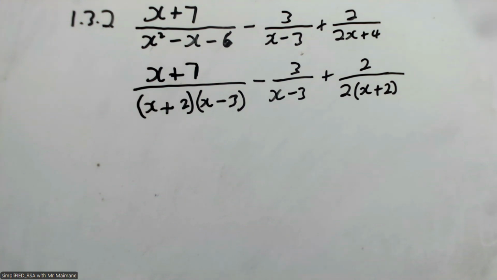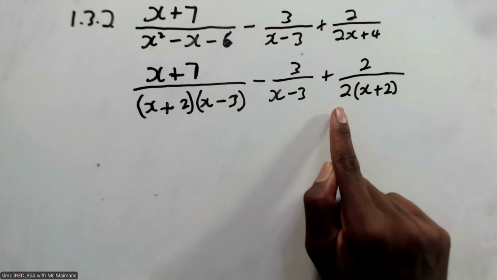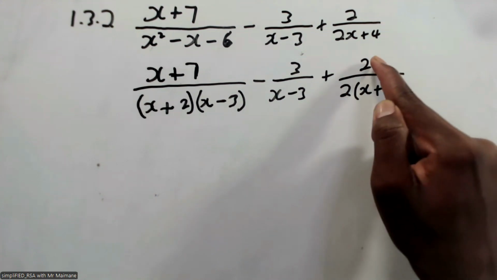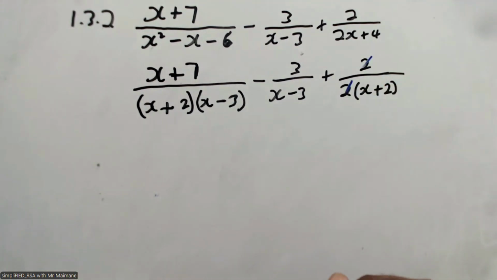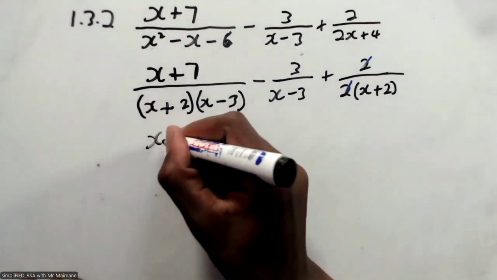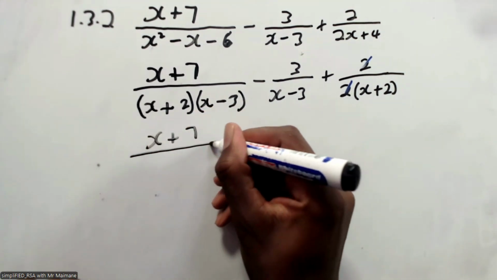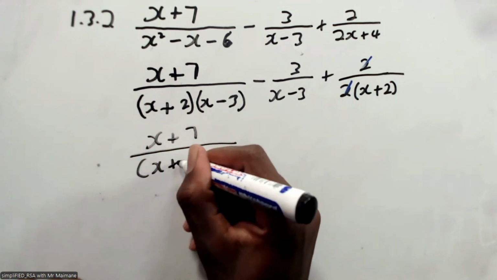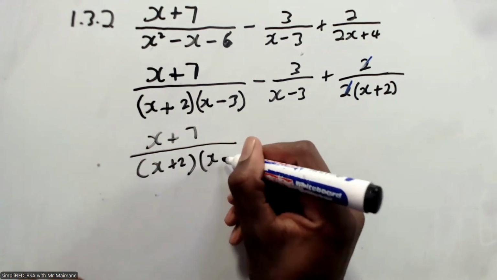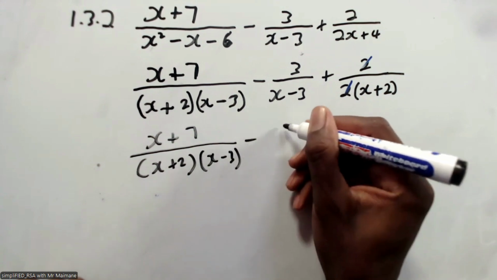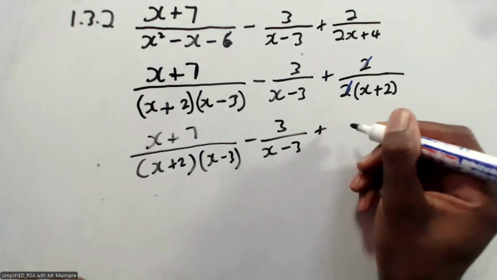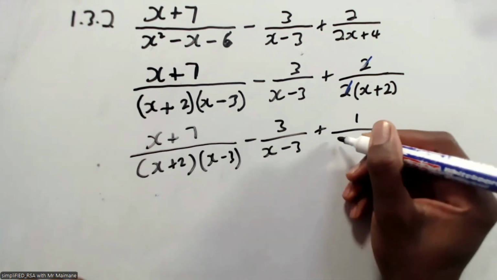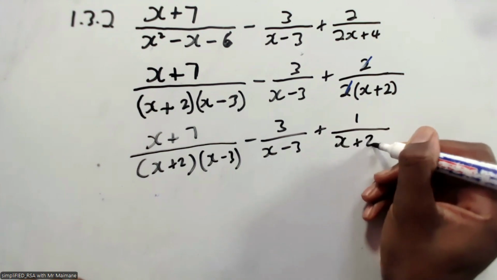But now, the nice thing that I pick up here is that these 2 can be divisible by these 2, such that this and this can cancel, and then I'll be left with the expression of the form x plus 7 all over x plus 2, x minus 3, minus 3 over x minus 3, plus 1 over x plus 2.